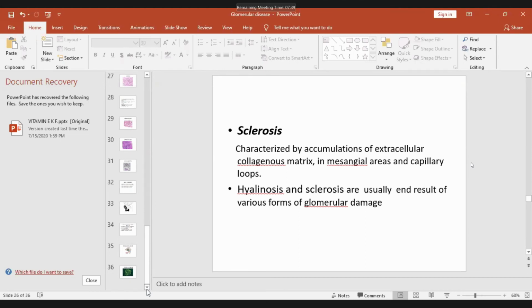Etiopathogenesis is more important. It is mostly antibody mediated, maybe T cell mediated, but antibody mediated means immune complex formed in circulation and deposited in the glomerulus, or antibody formed in the glomerulus itself, either against an intrinsic antigen present in the glomerulus, that is in the basement membrane, or against an antigen planted, that is deposited in the glomerulus or basement membrane from outside.